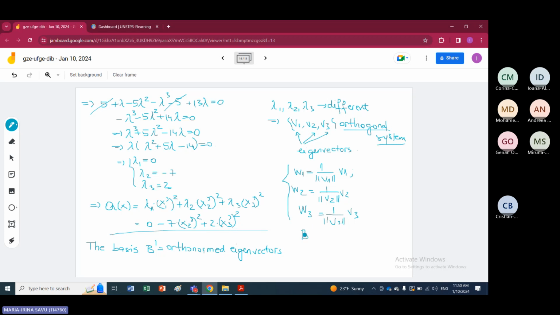Okay, so B prime is W1, W2, W3. So after you find the eigenvectors, you will check that they are orthogonal by checking the fact that lambda 1, lambda 2, and lambda 3 are different. And then all you have to do is to compute the norms and to divide each vector by its norm. And this is it.